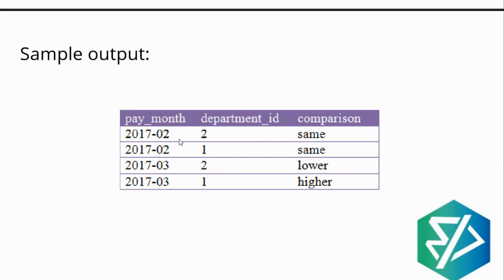In the company, you have both the departments, but in the department you have only a single department. So you have to compare the average salary for each month of the department ID with the average salary of the entire company for that month itself. If the average salaries are the same, then you display the word same; if it is lower, you give lower; and if it is higher, you give higher. So this is the question.